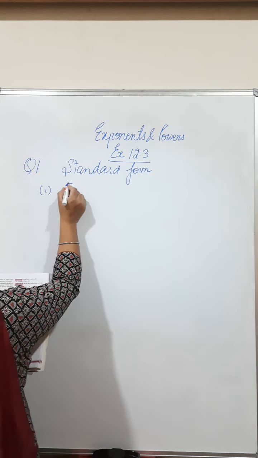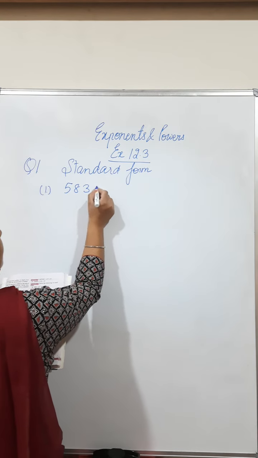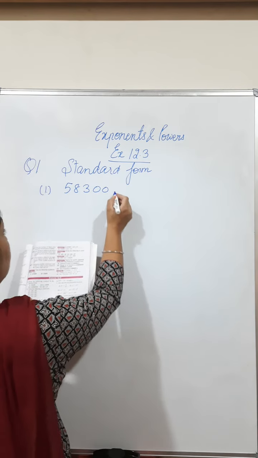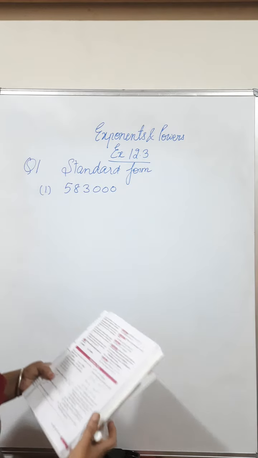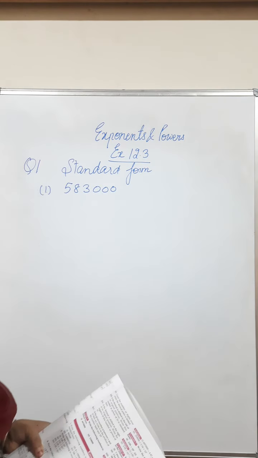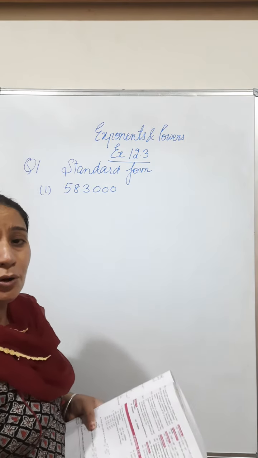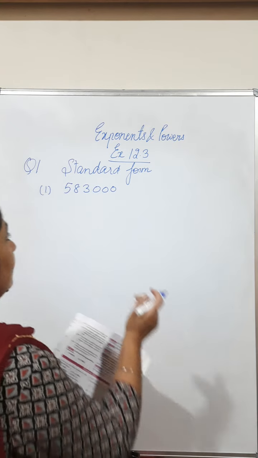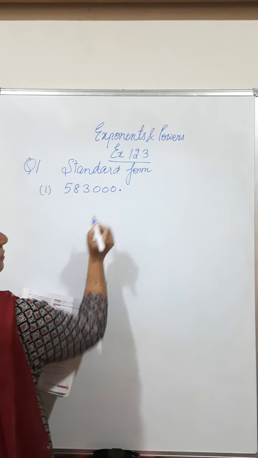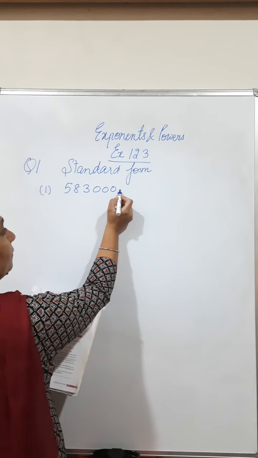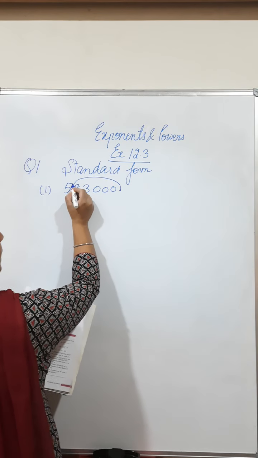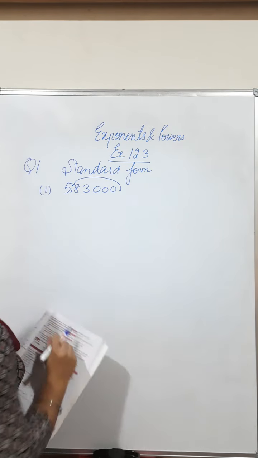The first number is 583000. Now beta, when we have to write it in the standard form, as I discussed in 12.1 starting exercise, the decimal is here and you have to shift this decimal only after one digit, like here.